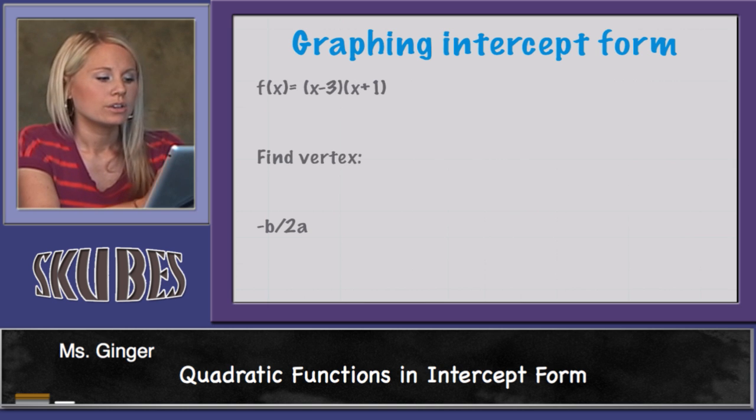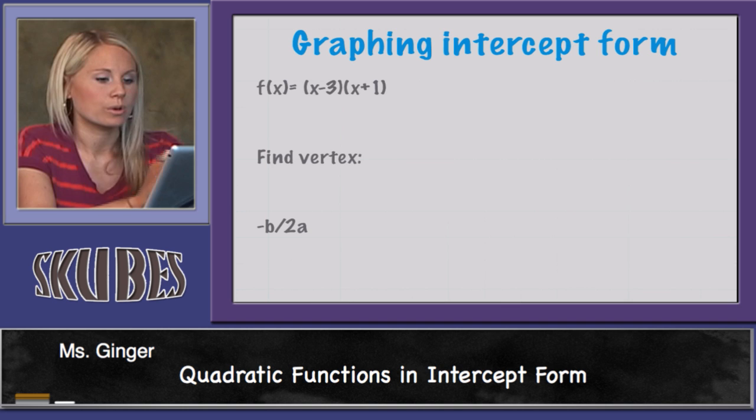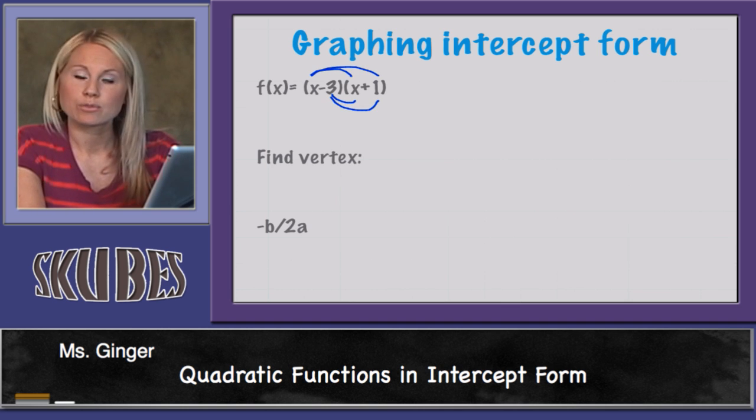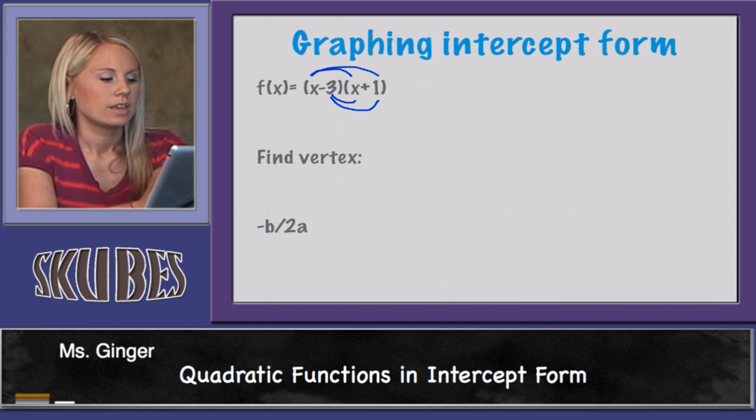And now, moving forward, we're going to be graphing this, so we're going to need to know the vertex as well. So remember I told you how to get back to standard form if you needed it was to FOIL out your intercept form. So let's go back to standard form so we can find the vertex from that.